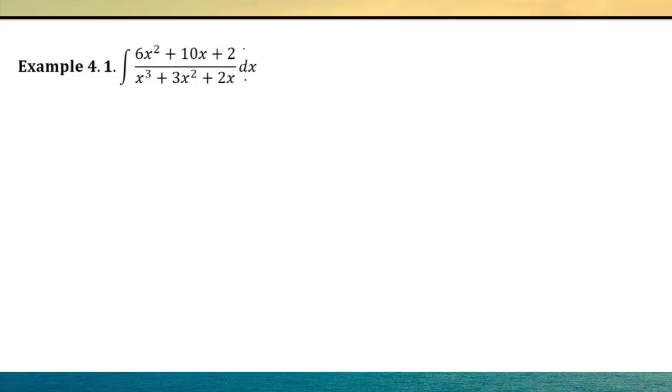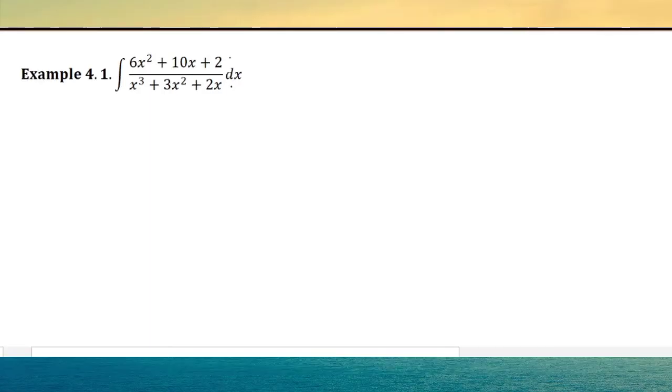So, what we are going to do here is to find the factor nung denominator natin before natin siya makaklasify sa kung anong case siya. So we have x cubed plus 3x squared plus 2x.